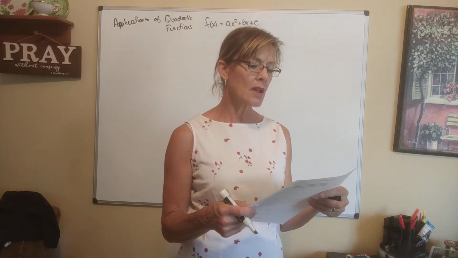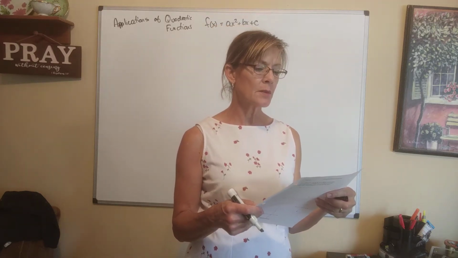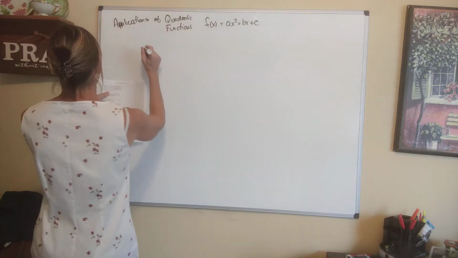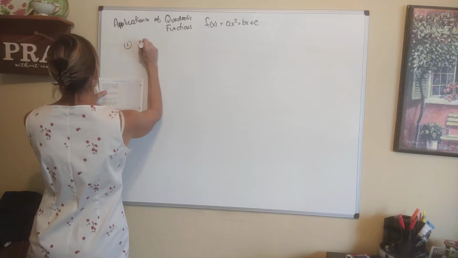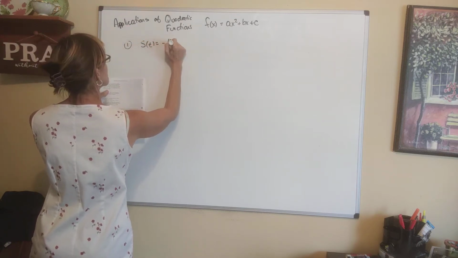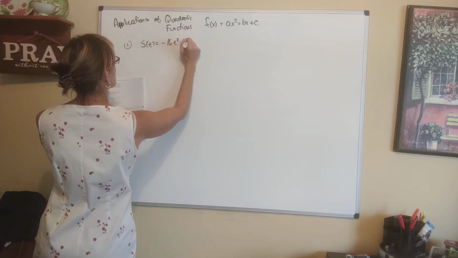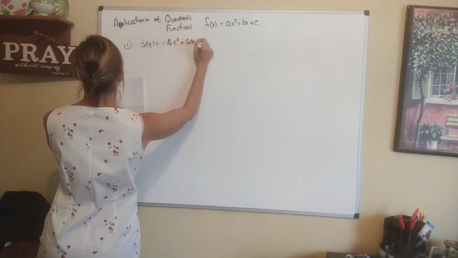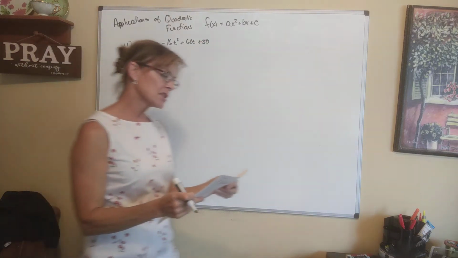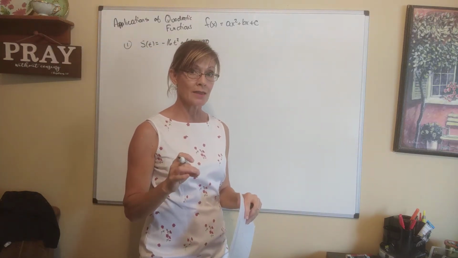The height of the stone in feet t seconds after it has been thrown is given by this function. s of t is equal to negative 16t squared plus 60t plus 30.